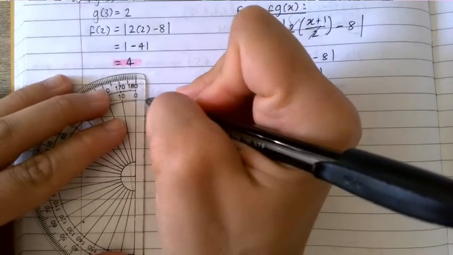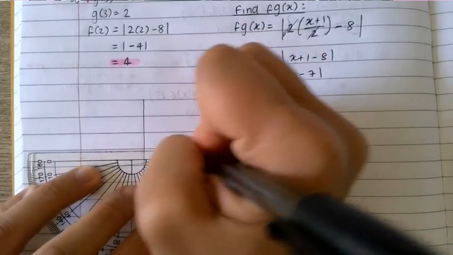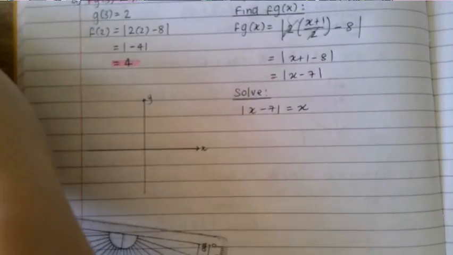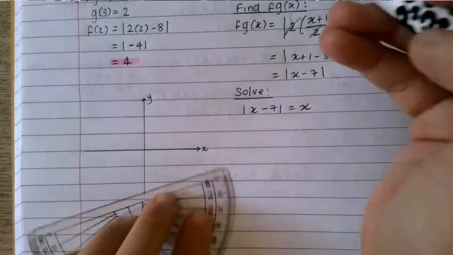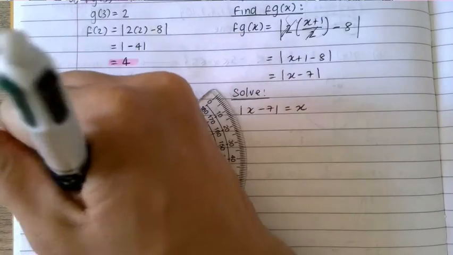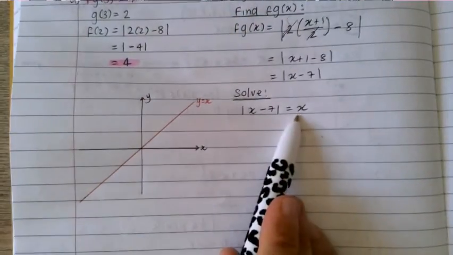So draw myself some axes. Now y equals x is nice and easy. So that's y equals x.